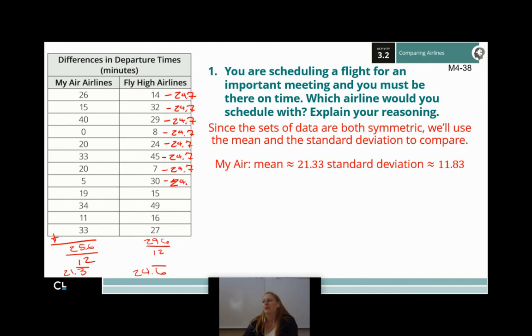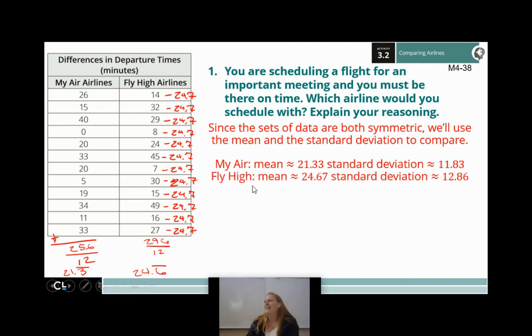So subtract every single one, and then you're going to square what you subtract, add them all together, divide by 11, and do the square root. And that means that your standard deviation ends up being about 12.86.